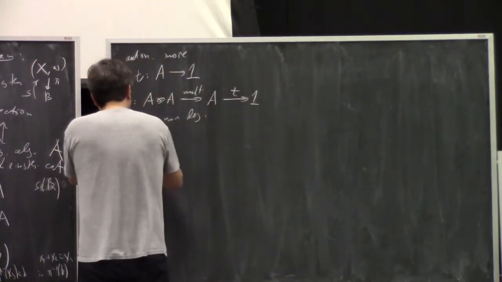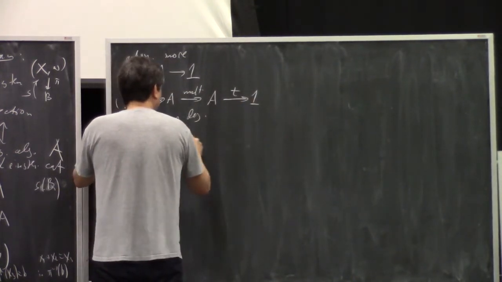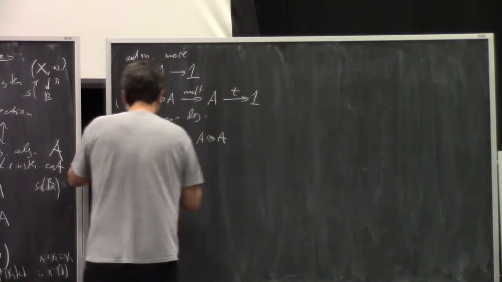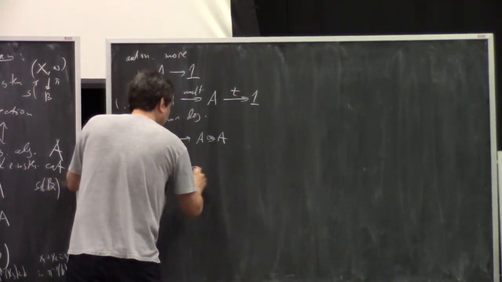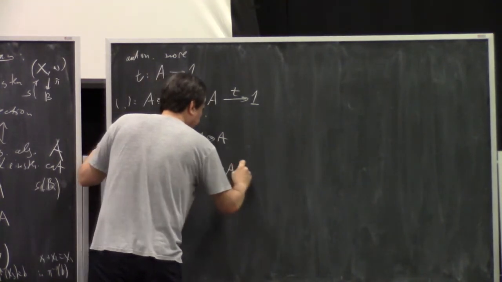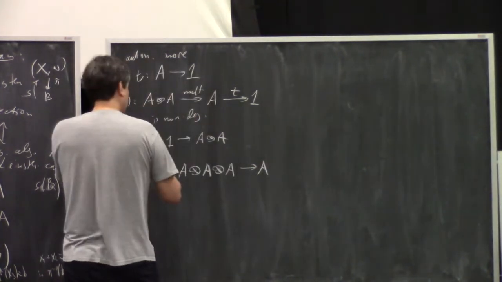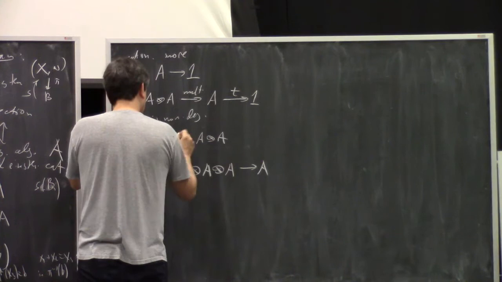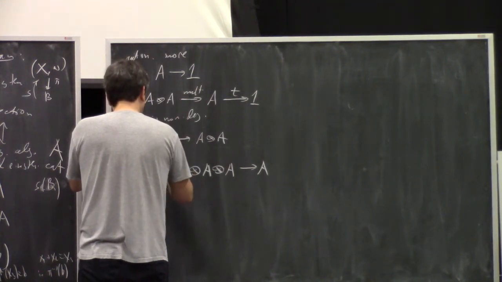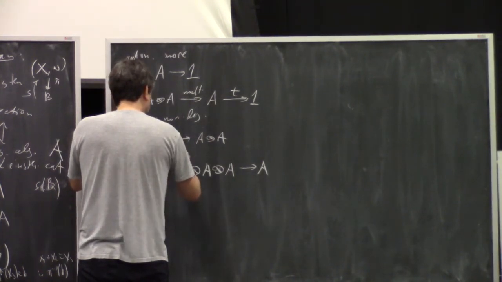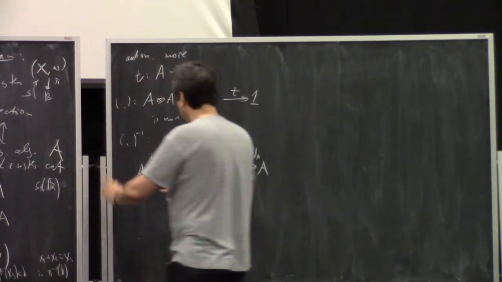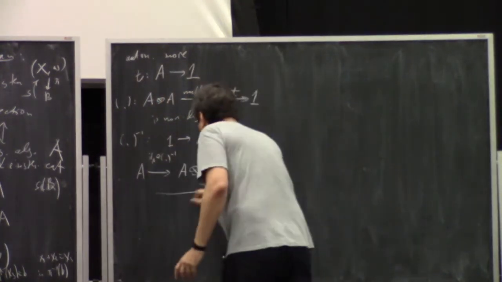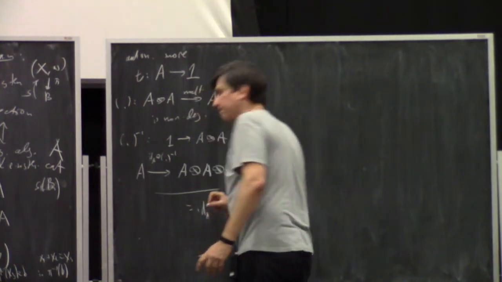One has a kind of inverse, from 1 to A tensor A. And when I consider such a composition, it will be equal to the identity of A.